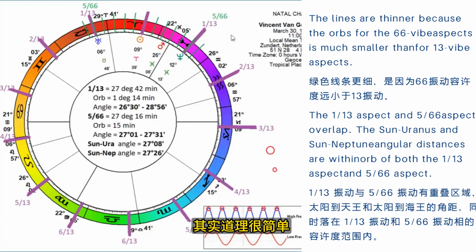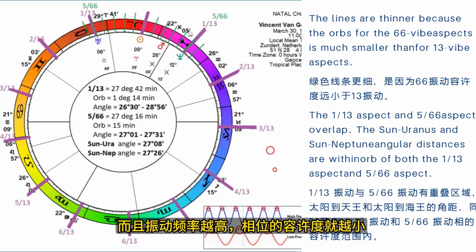So it's really common sense that if I have a lot of little green lines going around, then they might overlap, and the orb is smaller for the higher vibration. That's why I drew it thin. So they can overlap, and there's something incredible that happens from this.